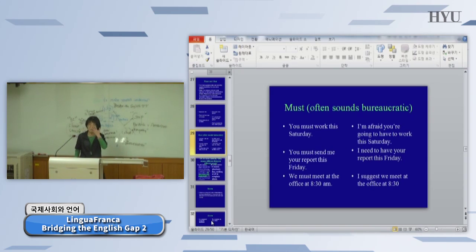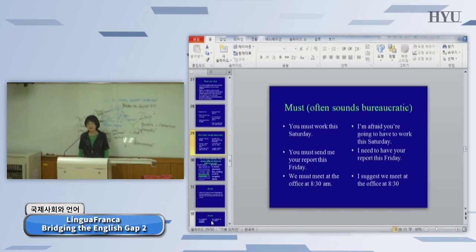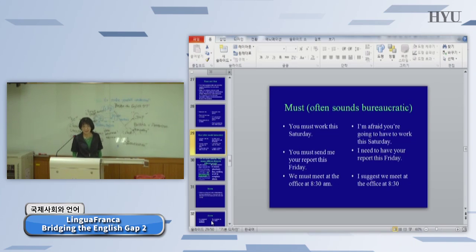The word must also could sound bureaucratic to the ears of native speakers. For example, saying you must work this Saturday would sound a little bureaucratic. It sounds like an instruction, bossy. So it would be better to say, I'm afraid you are going to have to work this Sunday.